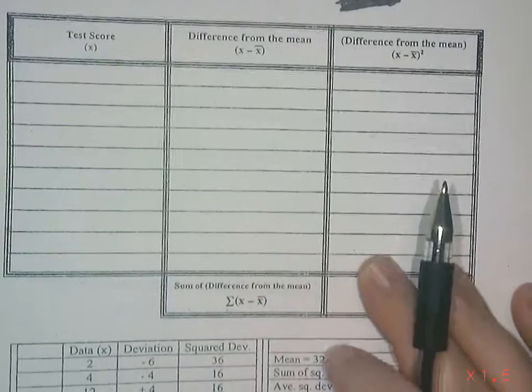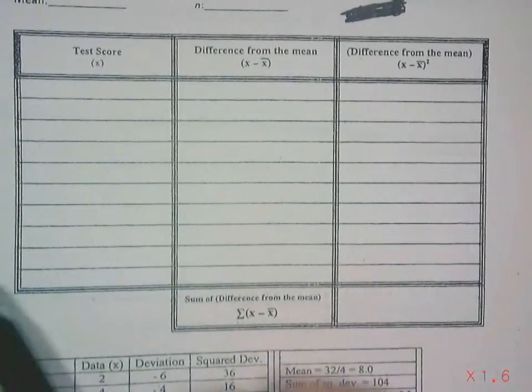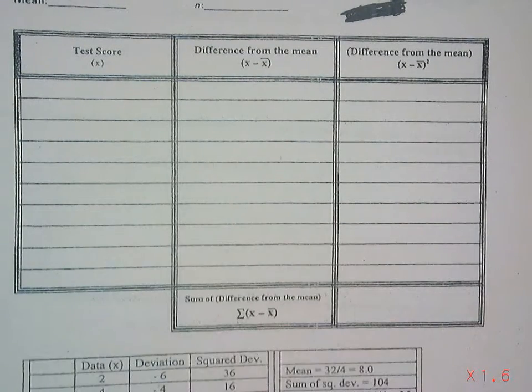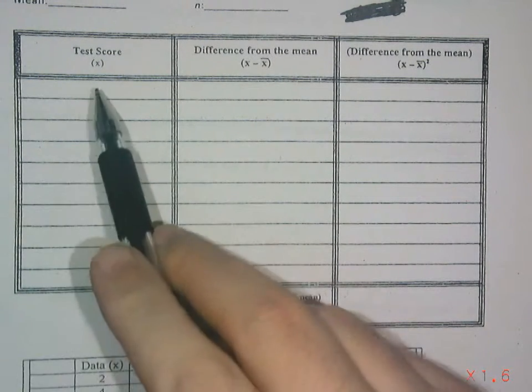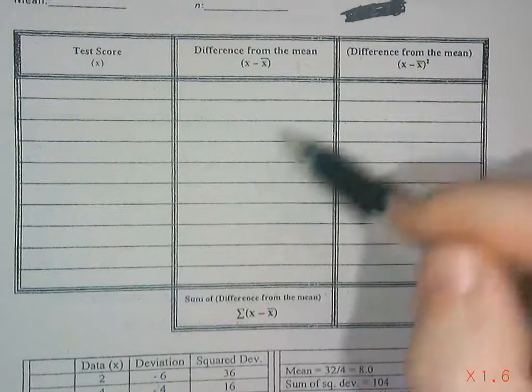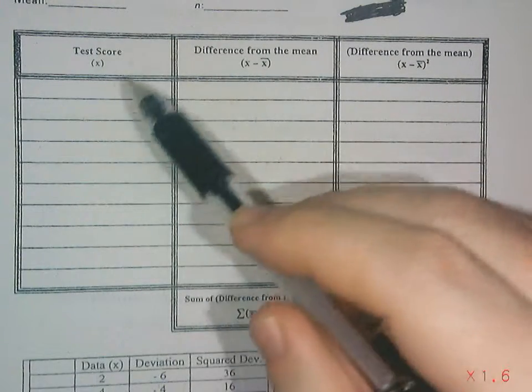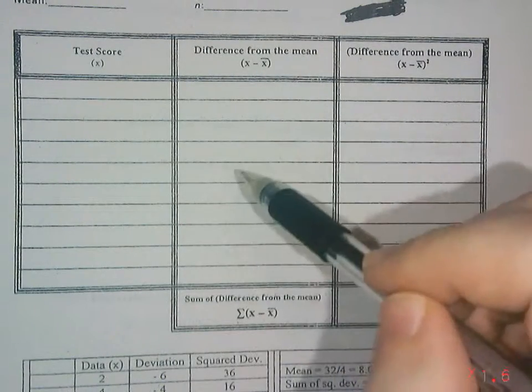Now this is a chart that walks you through how to do the standard deviation by hand. So you go through and you write down your test scores, and then subtract the mean from each of those test scores.